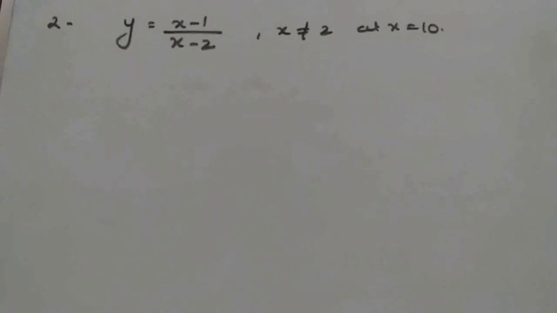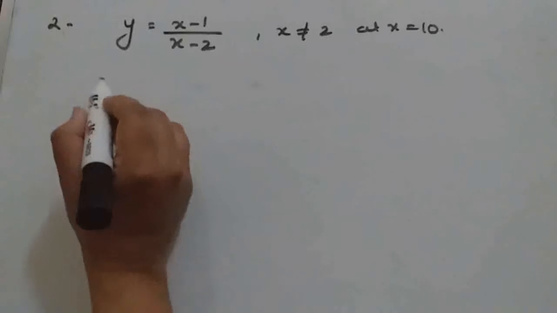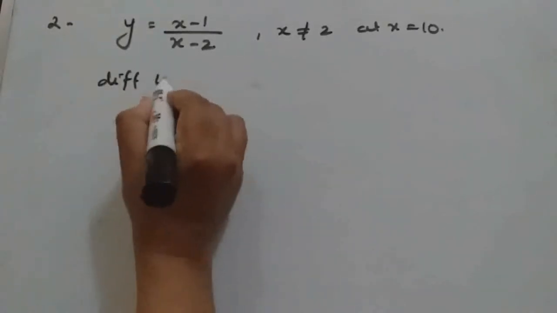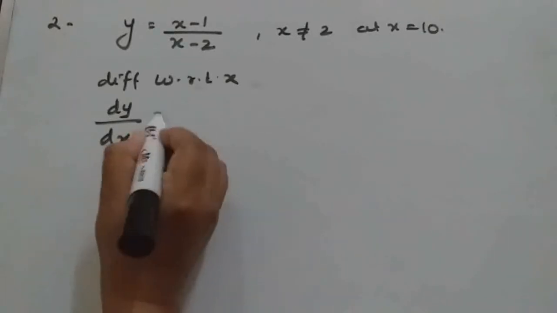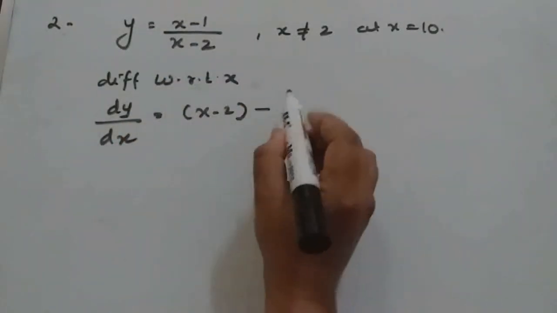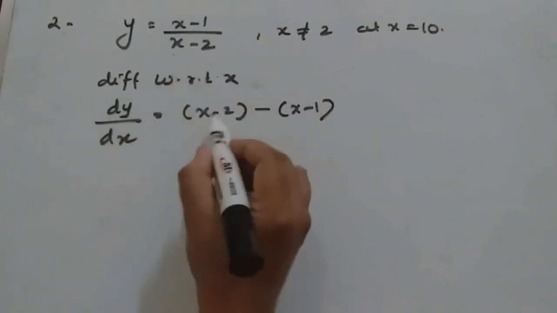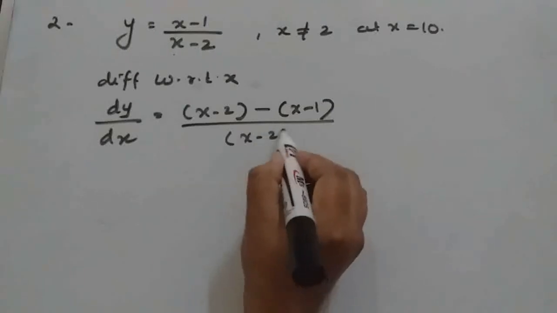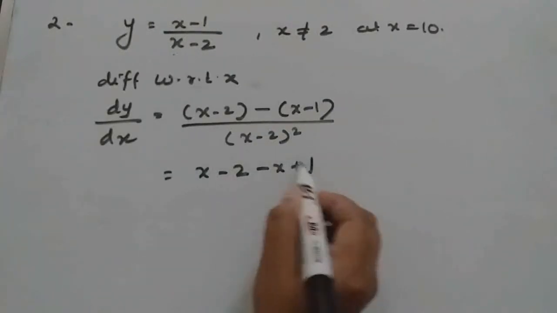Find the slope of the tangent. The curve is given as y equal to (x minus 1) by (x minus 2). So differentiate with respect to x. Quotient rule we will apply here. Denominator same, derivative of numerator will be 1, minus numerator same, derivative of denominator will be 1, all over (x minus 2) whole square. So (x minus 2) minus (x minus 1).